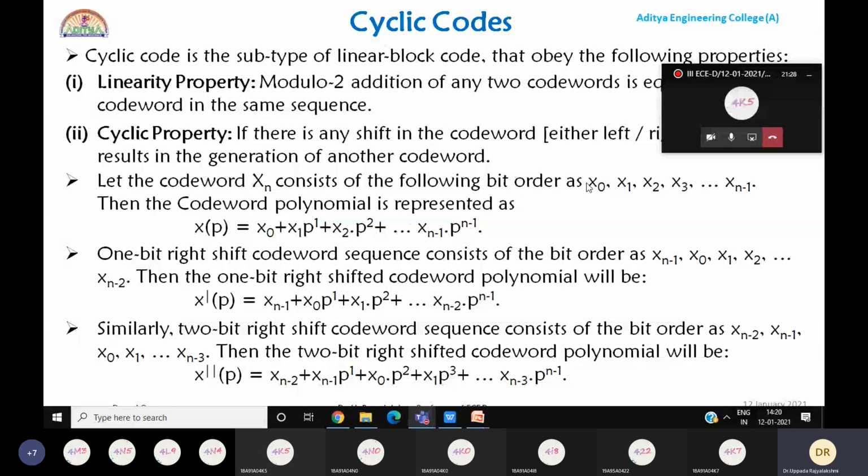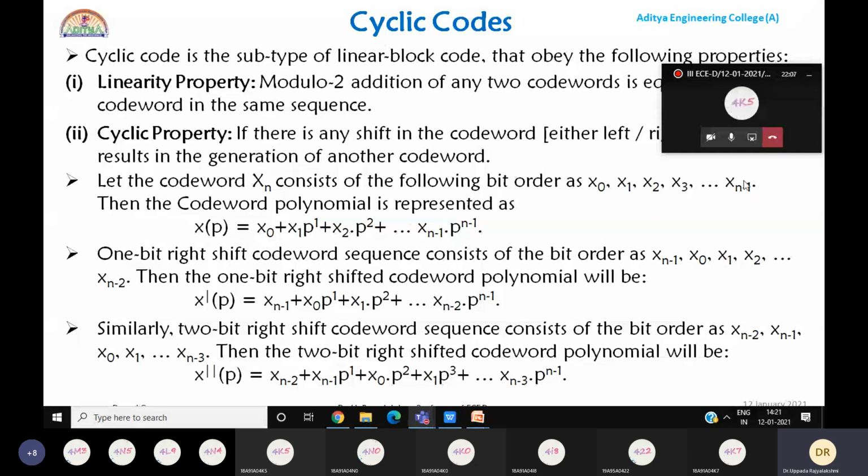If we intend to move the bit order towards the right side, if you undergo a shift of one bit, then the one-bit right-shifted code word sequence consists of the bit order where the MSB bit comes first.